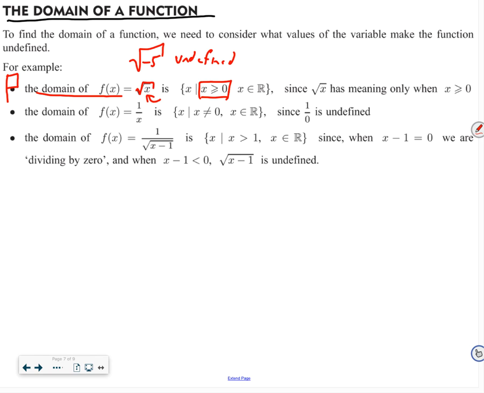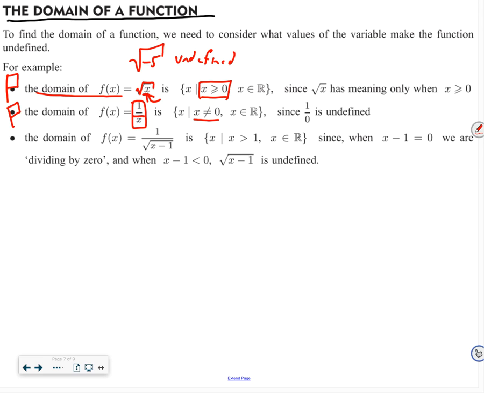So I always take whatever argument I have under my radical and set it greater than or equal to 0, and that will define my domain. My second red flag I'm always looking for is anytime I have a rational expression or a fraction. I need to remember that I can never divide by 0. So anytime I have a fraction, I grab the denominator and say that it cannot be equal to 0, and that will restrict my domain.